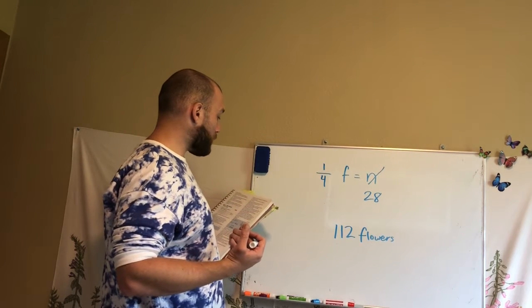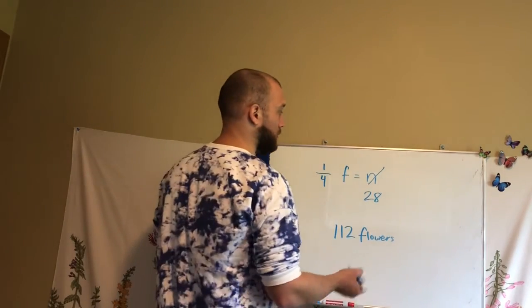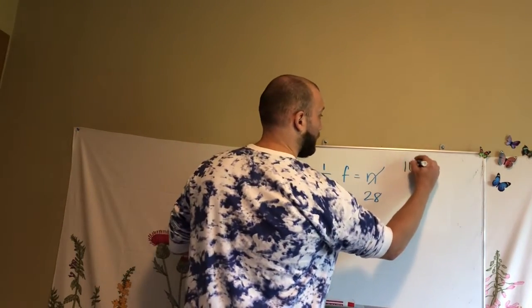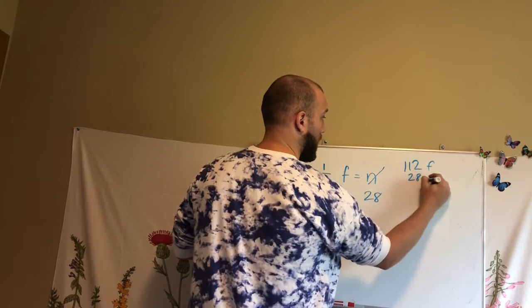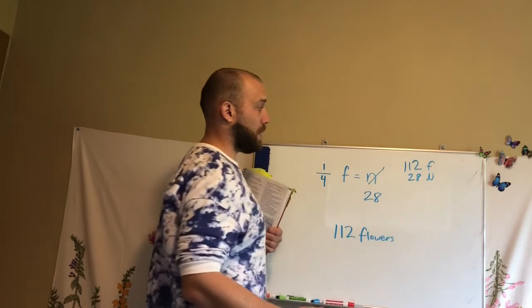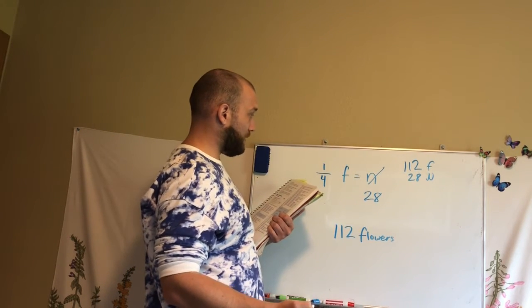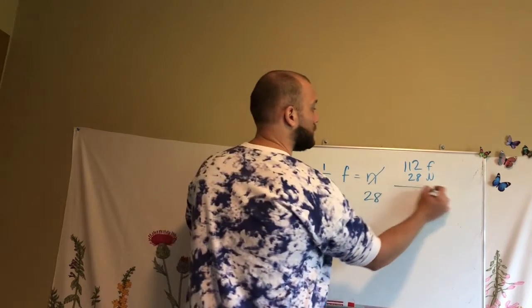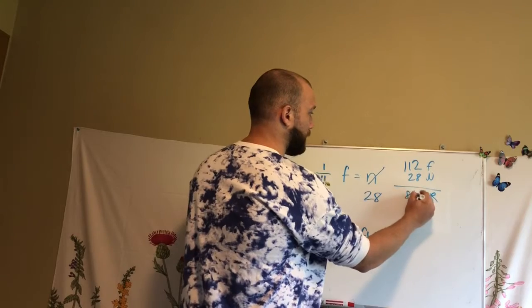So you work the problem 112 minus 28. If you know you have 112 flowers, 28 of them were not roses. What do you have left? The amount for roses, which should be 84.